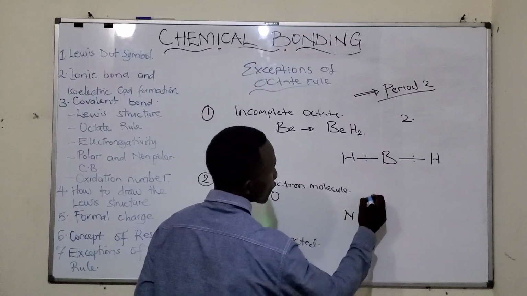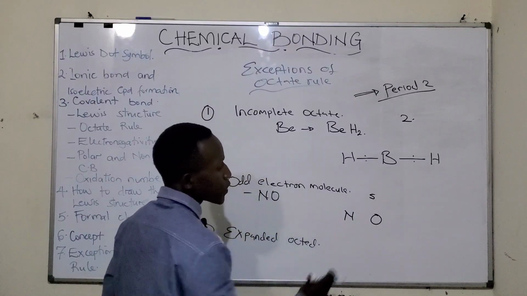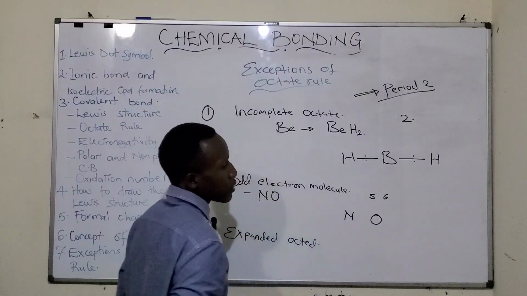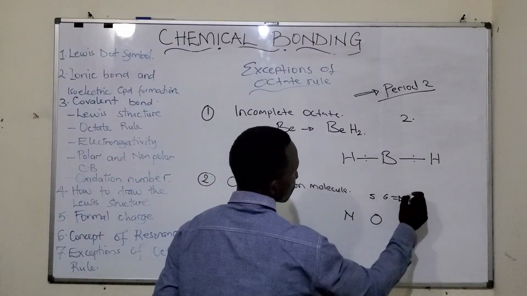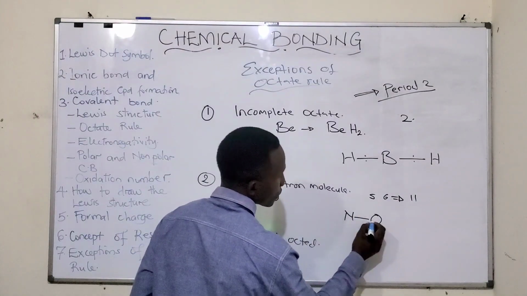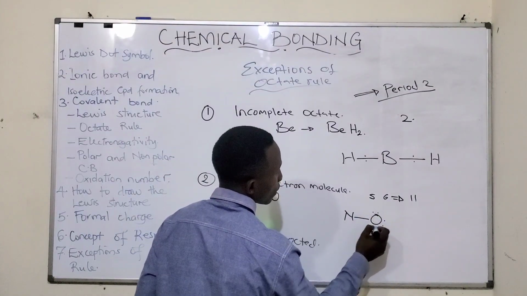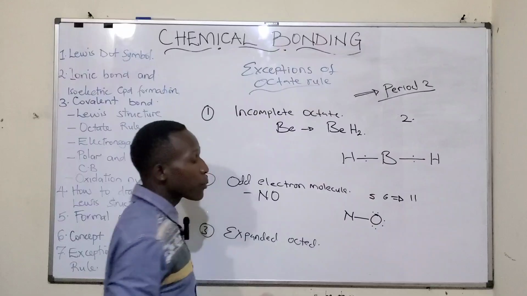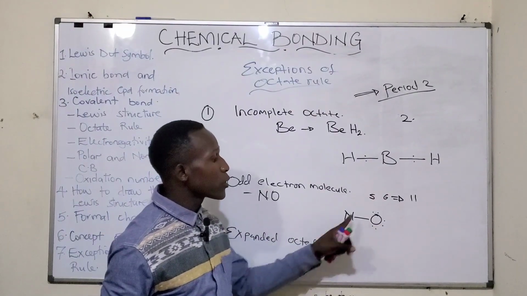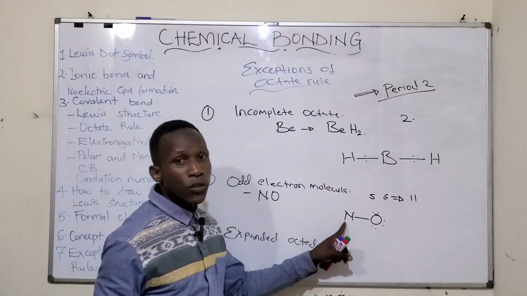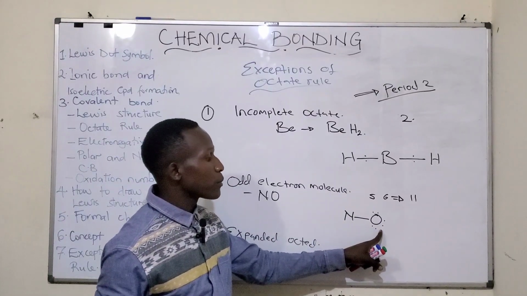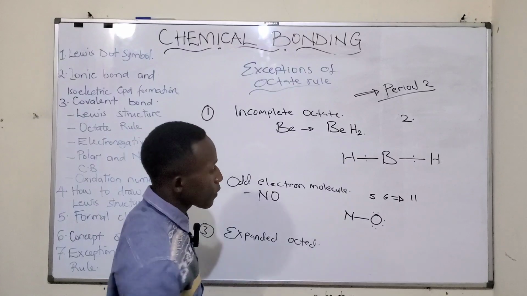Nitrogen has 5 electrons, oxygen has 6, which makes a total of 11 electrons. So when we draw the bond, we complete the octet of the surrounding atom. Now it is oxygen, because nitrogen is less electronegative than oxygen.